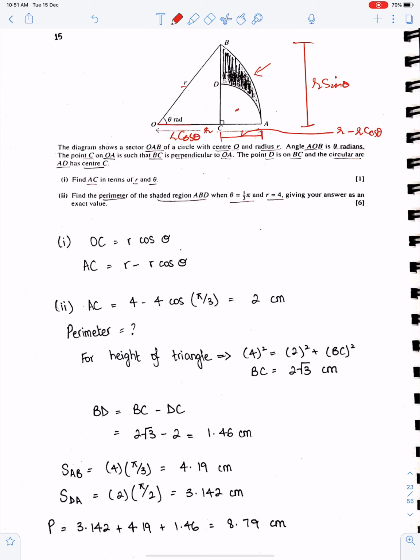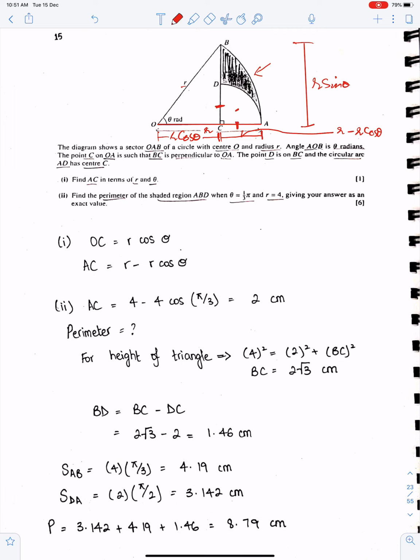This total is r, and this length is r cos theta, therefore CA will be r minus r cos theta. And this small length is r minus r cos theta because it's the radius. They both are the same.